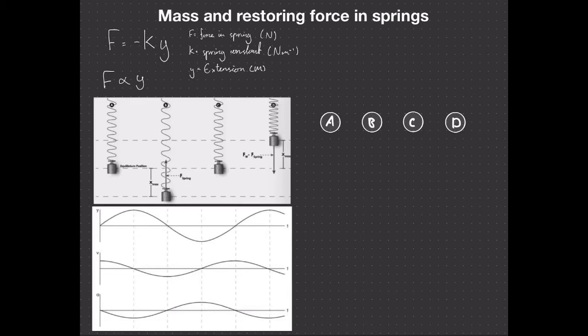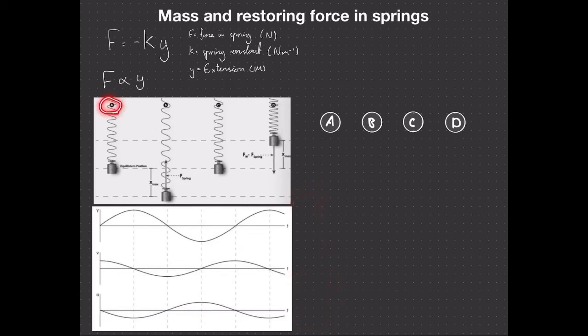Let's have a look at free-body diagrams, or the forces acting on our mass in different positions, or different frames of reference, in its oscillation, as well as the velocity, acceleration, and displacement or extension of said mass and how they relate.